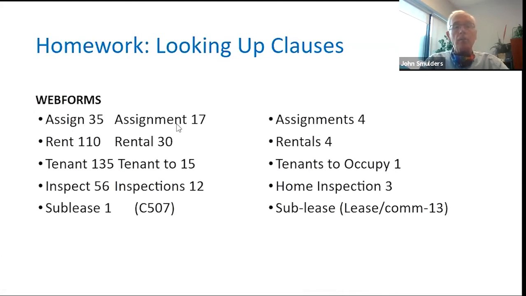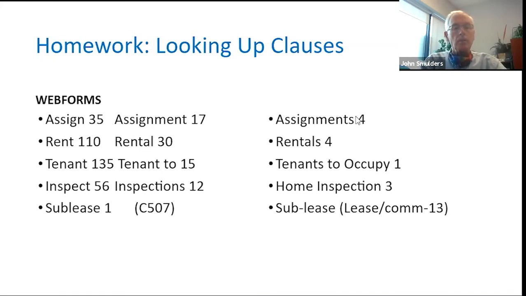If you put in assignment, you only get 17. And if you put in assignments, you only get 4. So it's really difficult if you put in assignments, because that's what you want to find a clause for. You're only getting 4 results, and the chances that you find the result that you want is very slim.